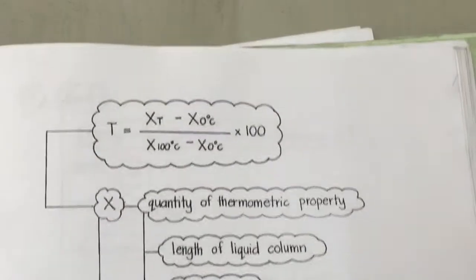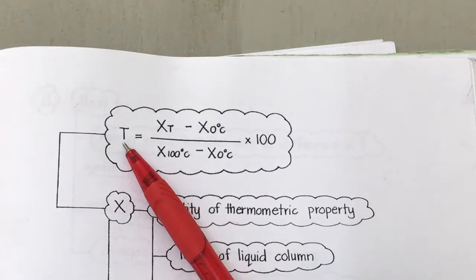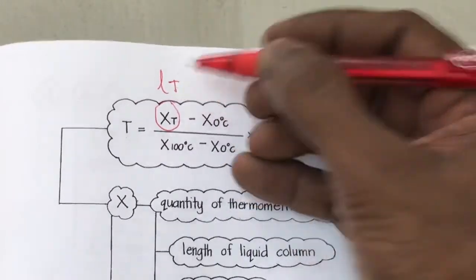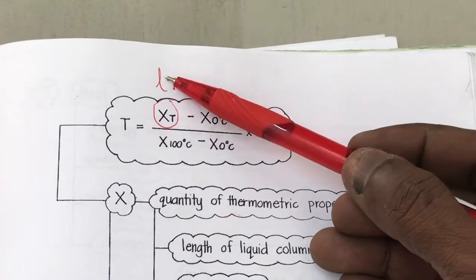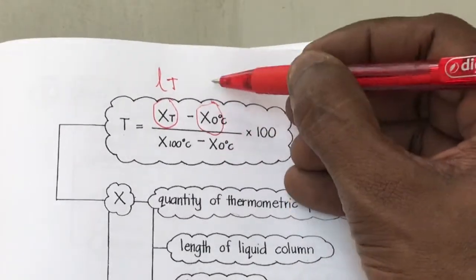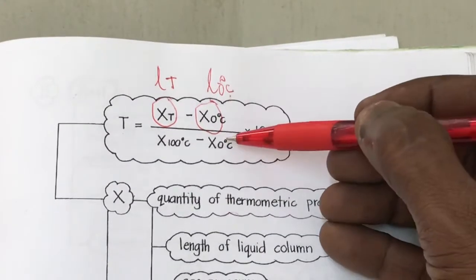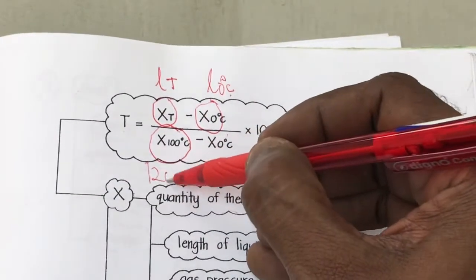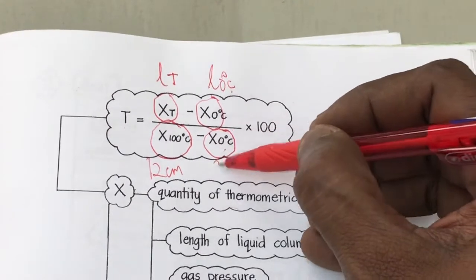Now we can find the temperature. If you want to measure a particular temperature, we take the length of the mercury at that temperature minus the length of the mercury at 0 degrees Celsius, over the length of the mercury column at 100 degrees Celsius, which in the example was 12 cm, minus the length at 0 degrees Celsius, which was 2 cm.